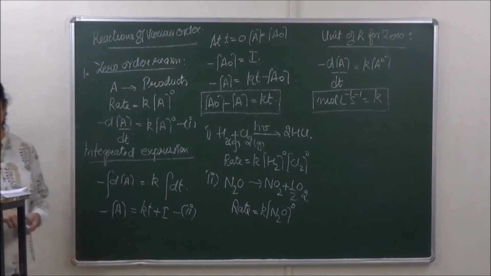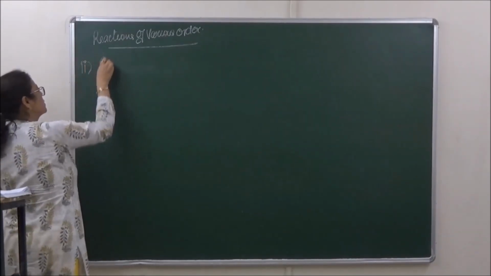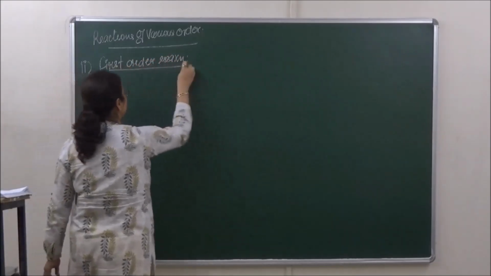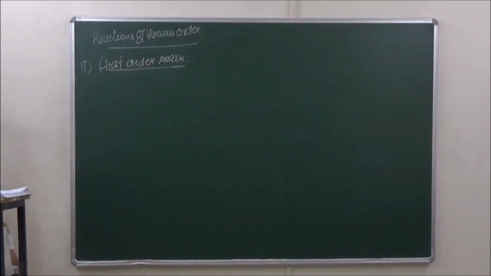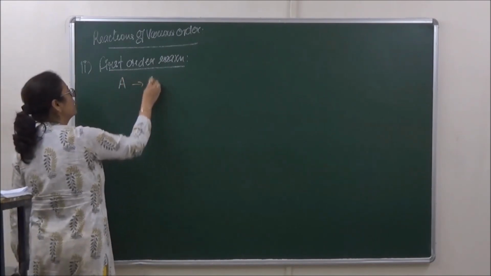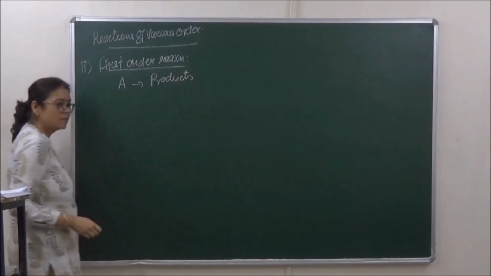Then after that, let's go on to the first order reaction. Right? Now what is a first order reaction? Same, we are taking a hypothetical reaction, A to give us products. Okay?